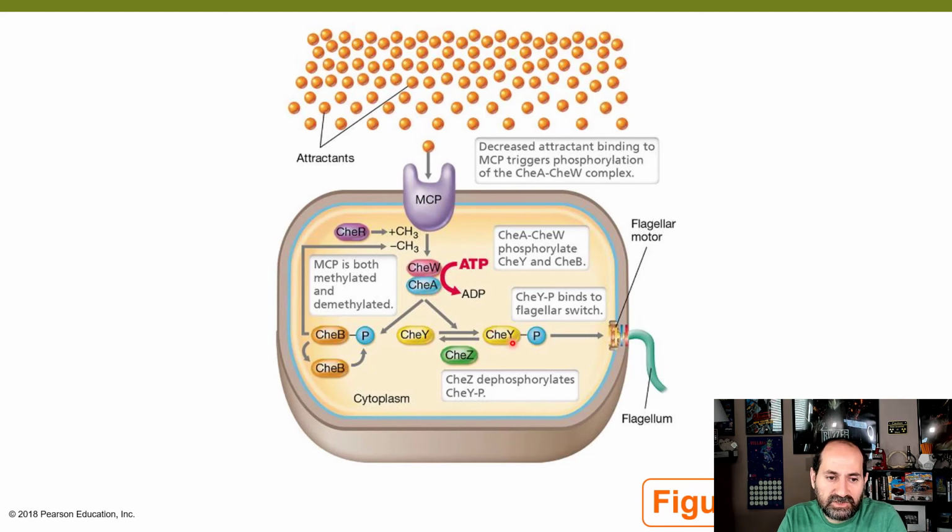CheA then phosphorylates CheY, but it can also phosphorylate CheB, which demethylates MCP. But if the attractant concentration is high, you don't get activation of CheA or CheW, which means you don't form phosphorylated CheB. CheB is dephosphorylated, so the only thing going on is methylation of MCP, and eventually you deaden MCP because it becomes fully methylated.